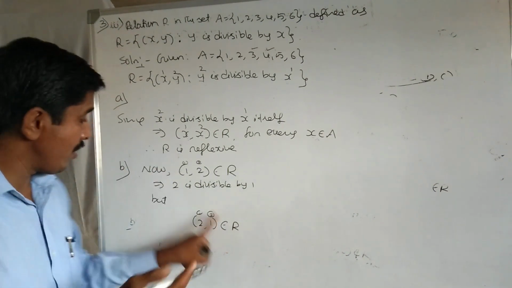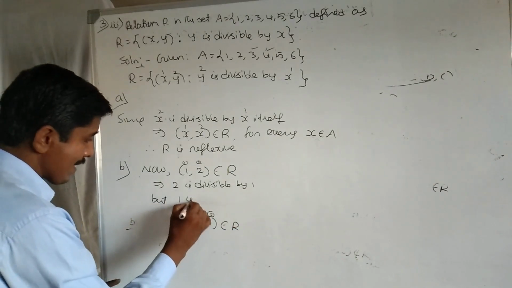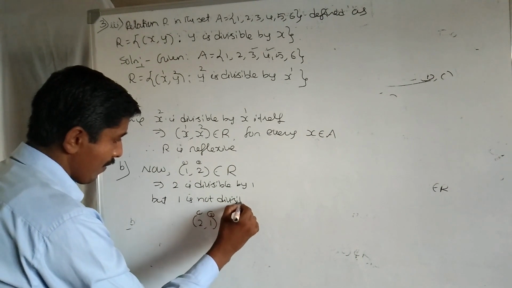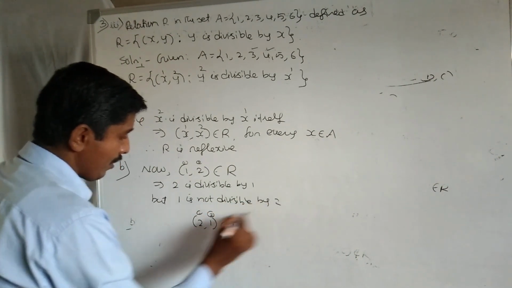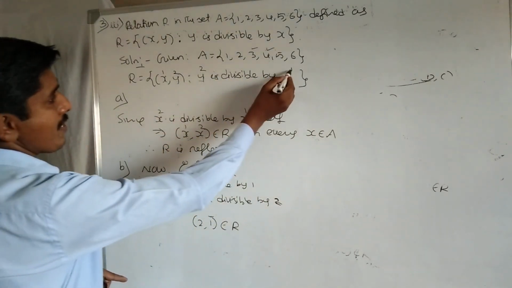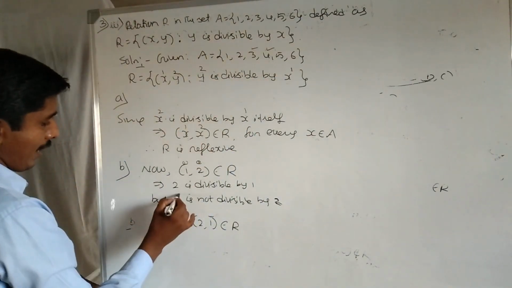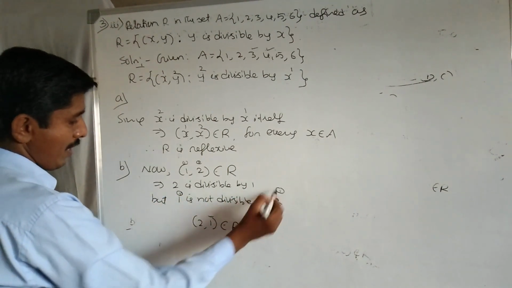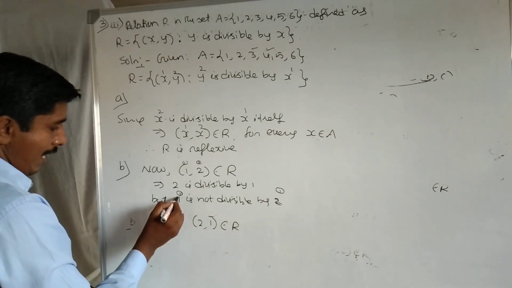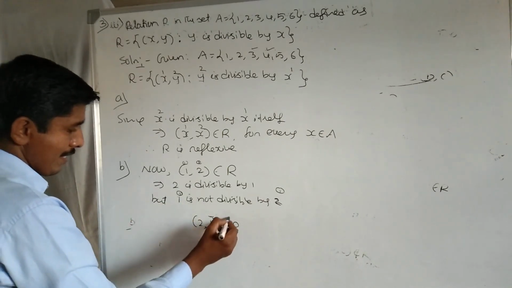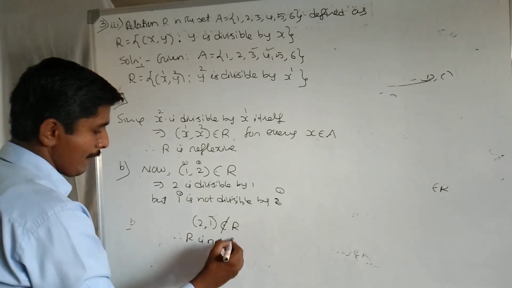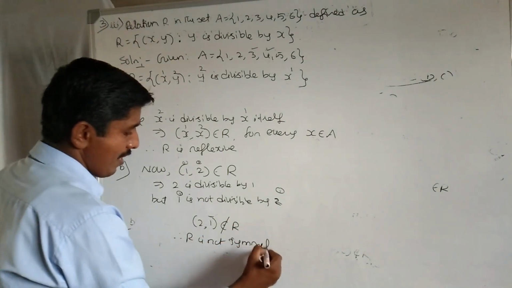Therefore 1 is not divisible by 2. Observe, this is the second element and first element of the ordered pair: the first element of the ordered pair is 2, the second element is 1. (2, 1) doesn't belong to relation. Therefore R is not symmetric.